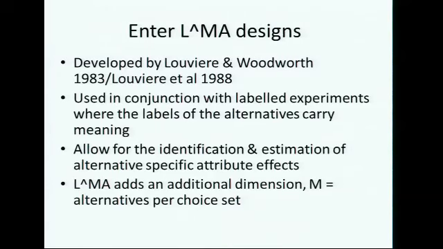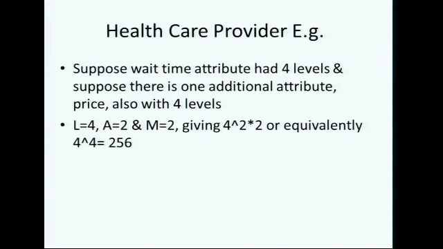So here we're just adding in one extra variable, and that's the M, and that captures the dimension for each choice set. So we're saying that our design is dependent on the levels per alternative, but also on how many alternatives you have. So sticking with our healthcare provider example, suppose we just have two attributes.